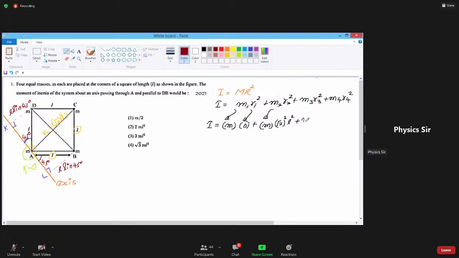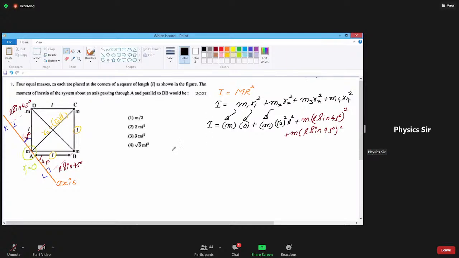So this M3 is M, and this R3 is L sine 45 degrees, whole square, plus M L sine 45 degrees, whole square.